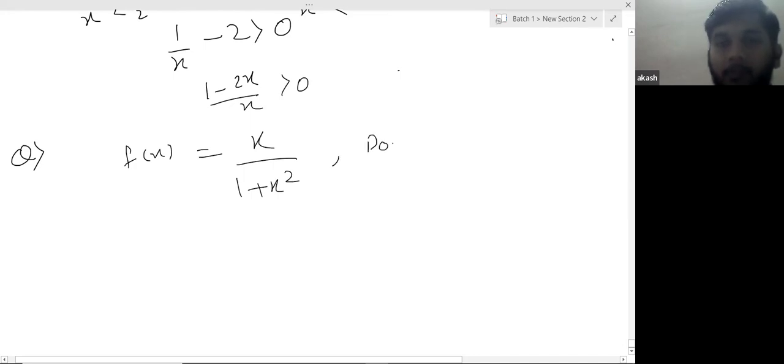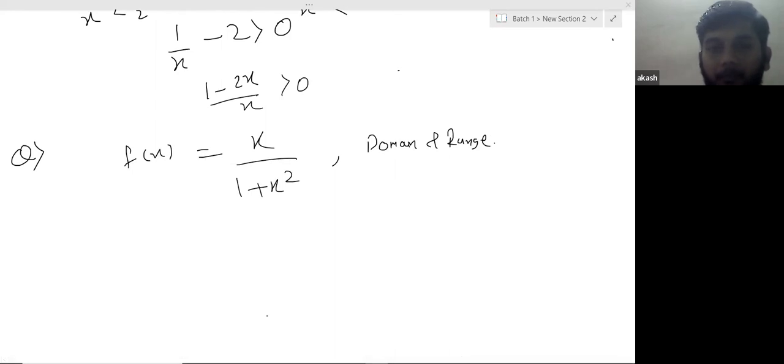Domain and range. Okay, Asma, this is another question. Try to solve this. Find the domain and range of this function. We have 2 minutes.